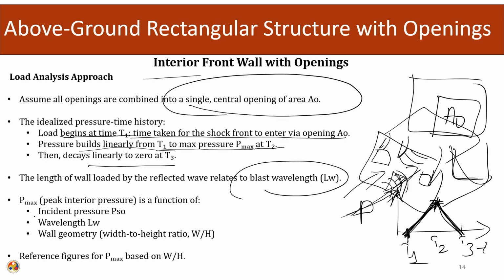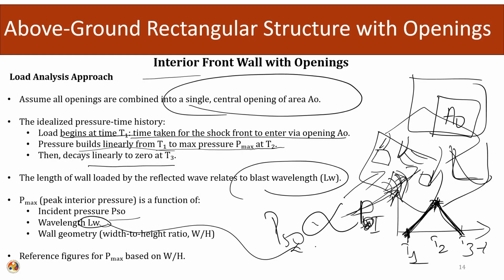The maximum interior pressure is a function of the incident pressure Pso. It becomes a function of the blast wavelength as well.